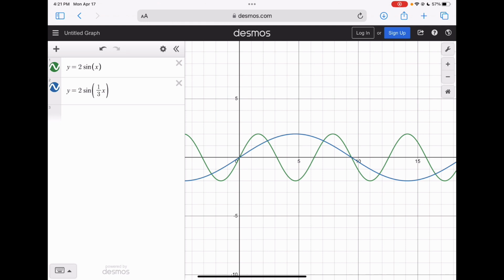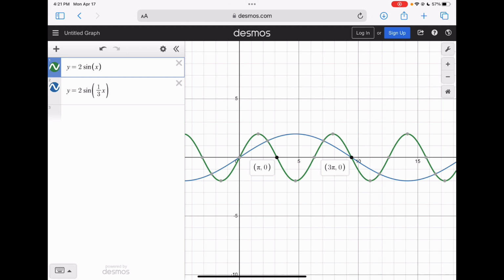So if I look at this point right here, it's pi, 0, and I'm supposed to apply a stretch with a scale factor of 3 to the x coordinate. So that point gets stretched over to this point, which is 3 pi, 0. I took pi and multiplied it by 3. That 3 pi is the same location in the cycle.